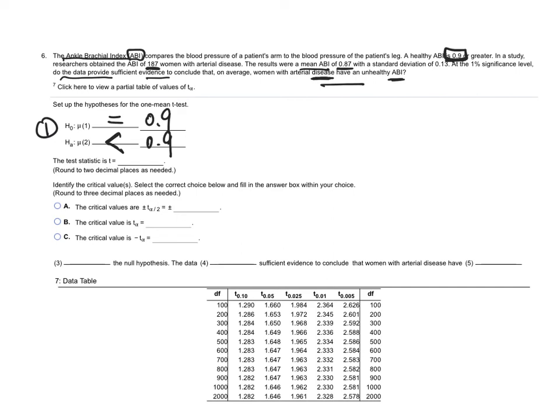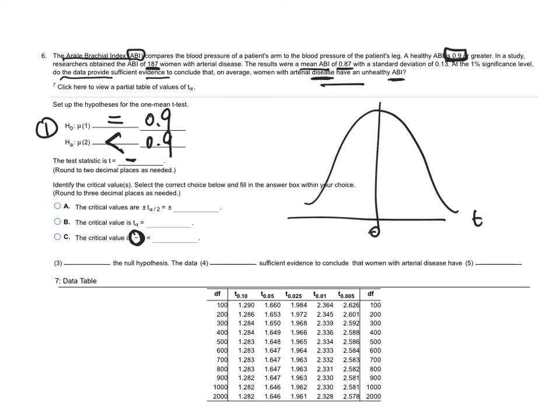So I expect the test statistic is negative, and the critical value is negative as well. Okay, so on the t-distribution, we have to take the negative t-score with the whole alpha, 1% again, but it must be negative.